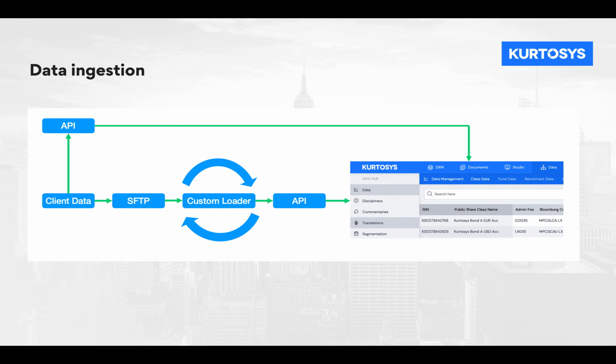We will provide them with a secure FTP server in which they can drop their files. We will then build a custom loader that will poll that location to see if there are new files. And once it sees there are new files, it will take those files and transform them into the correct format that is required by our API so that it can be ingested within the platform.